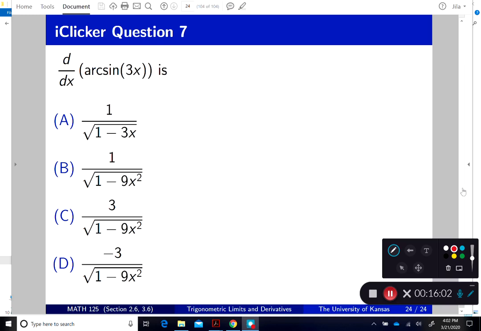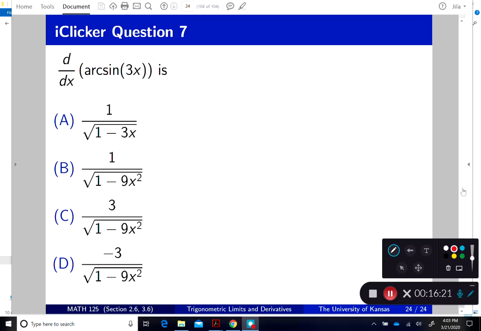We're finding this derivative, and let's remember, according to the other videos that we watched, the derivative of arc sine of x is 1 over the square root of 1 minus x squared.